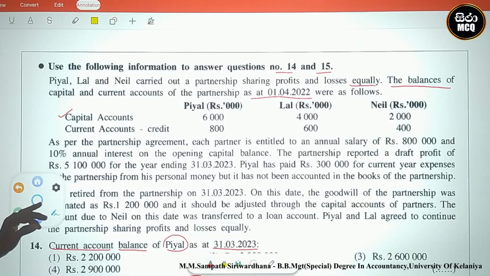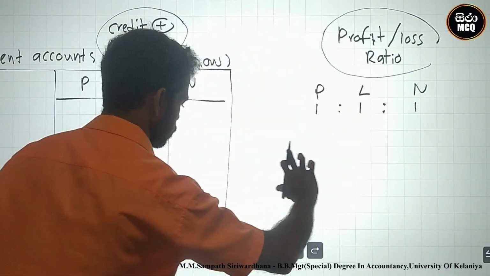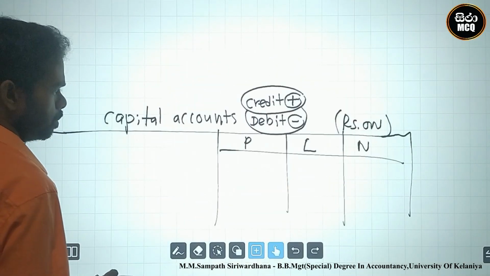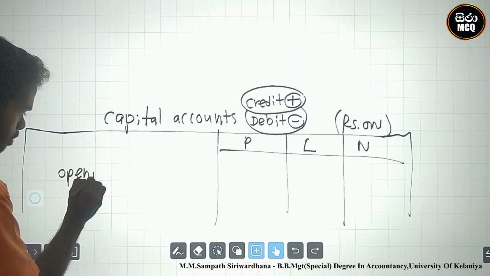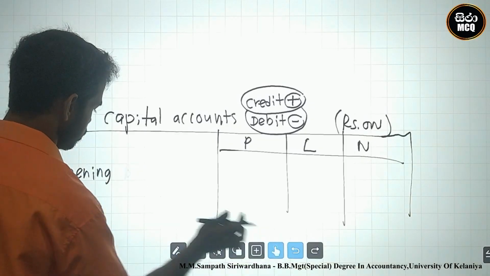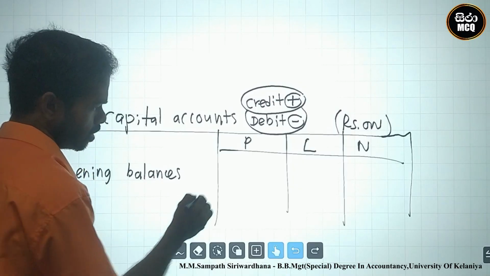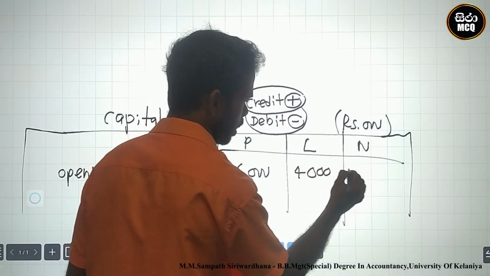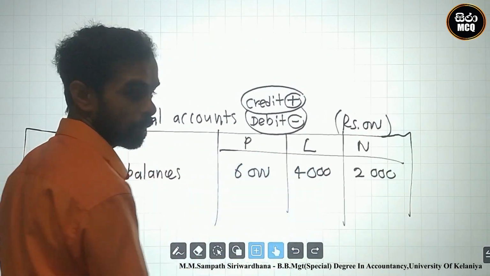We can enter these amounts. Capital accounts, opening balances: 6,000, 4,000 and 2,000.